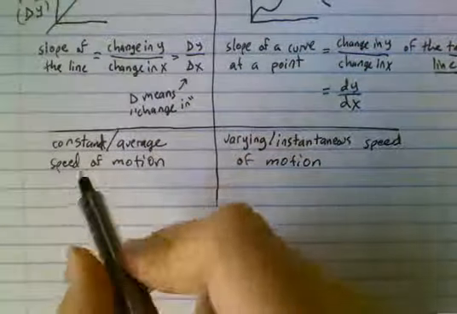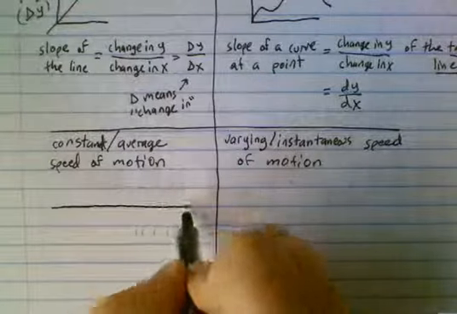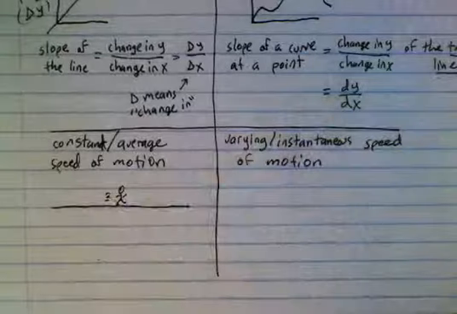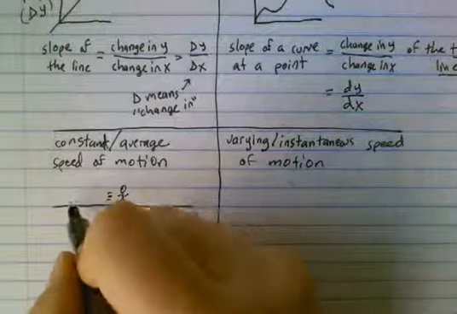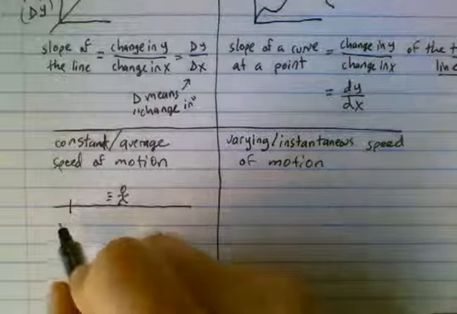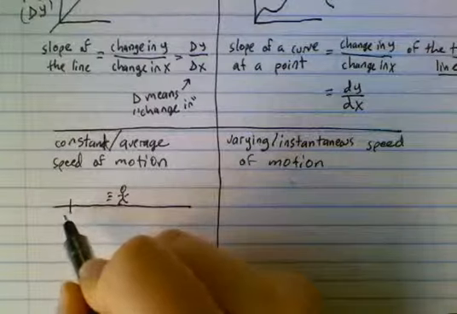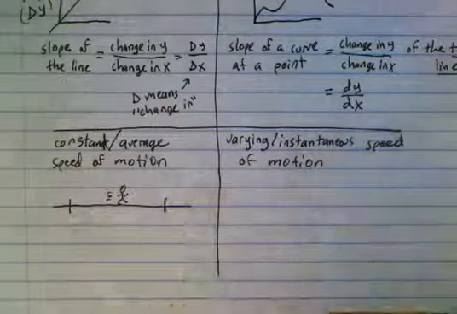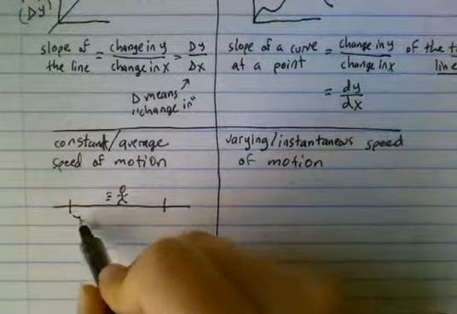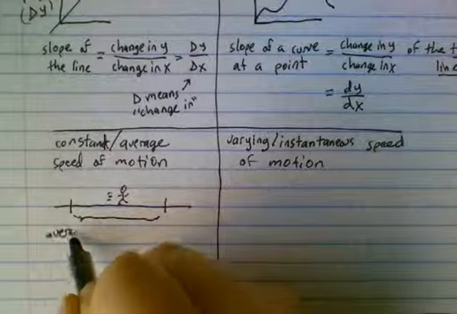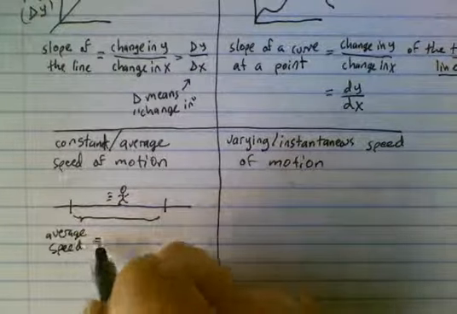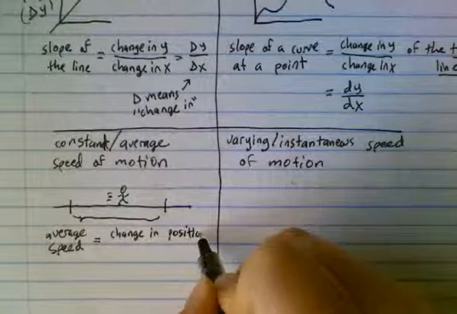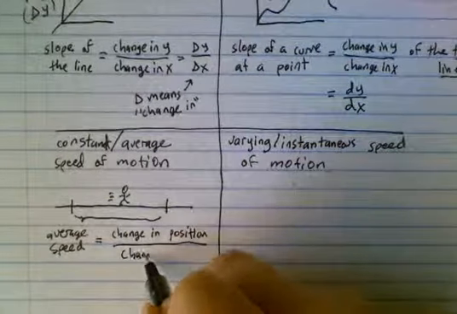So if we imagine that we have a little person here, and this little person is running along, in pre-calculus, what we can do is find their average speed by saying from this point, I'll figure out what their position was and what time it was at this point. And then I'm going to find their time and their position at this point. And I'm going to find their average speed by finding change in position over change in time.